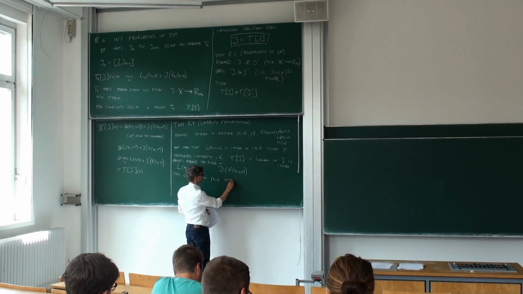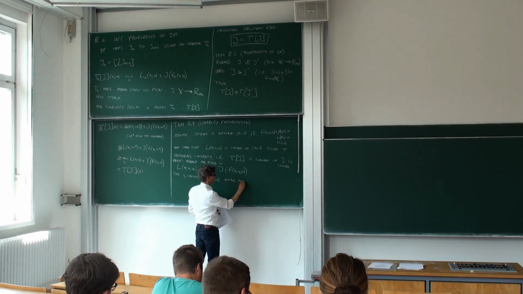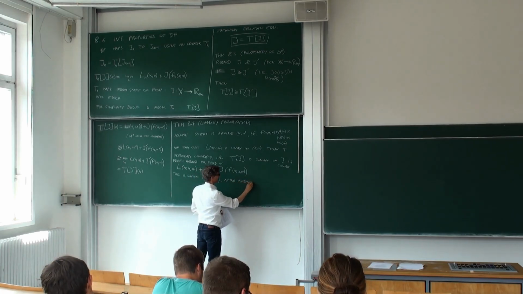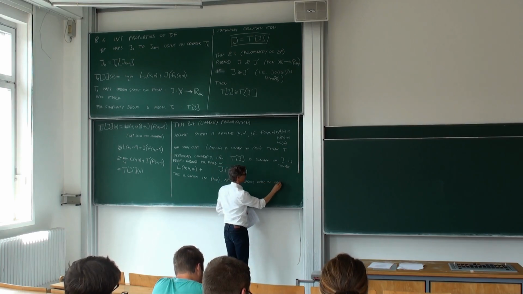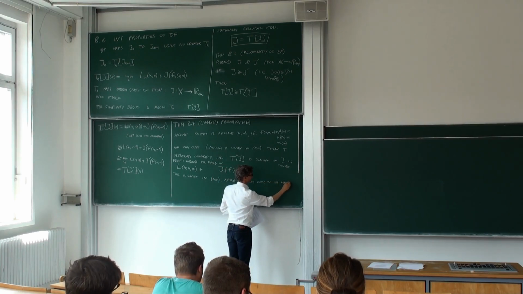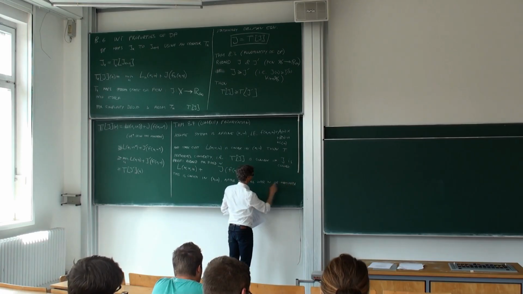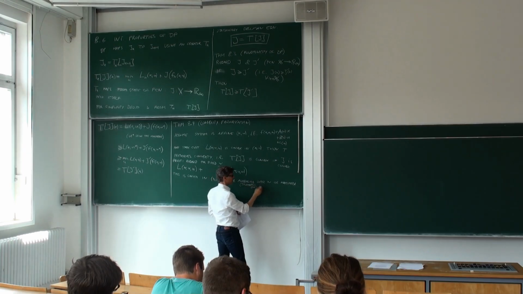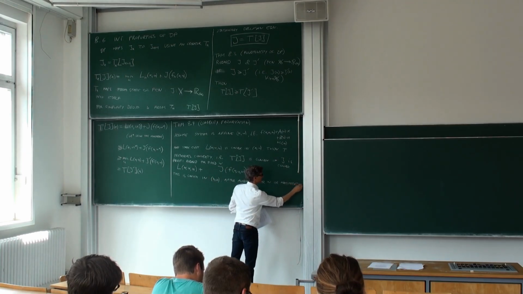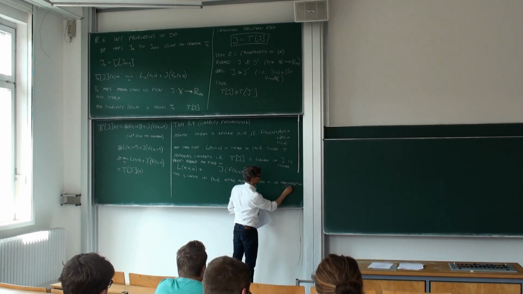After averaging over w or maximization, so averaging is actually for stochastic dp, and maximization would be for robust dp.